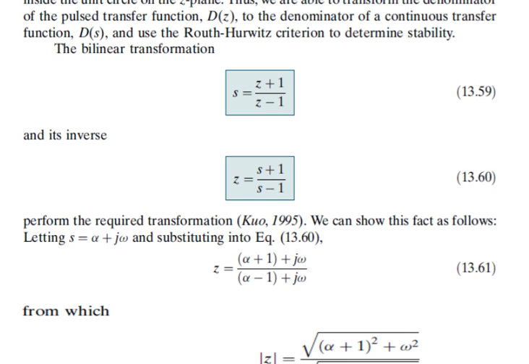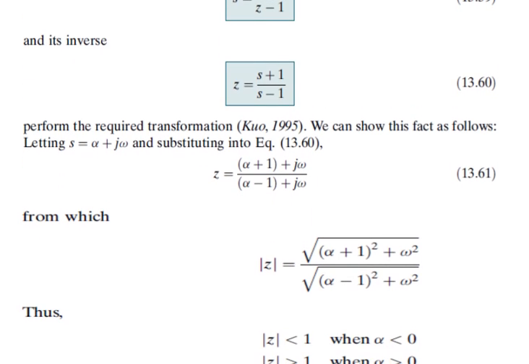And if we try to calculate the magnitude, as we know, for x plus jy, you use the square root of x square plus y square. Similarly, your x term is alpha plus 1, so you will square alpha plus 1, plus your y is omega, so you will write omega square, and you will put the square root sign.